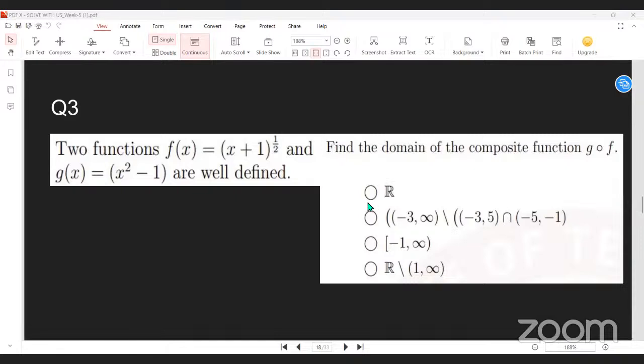According to the rules, x should be in the domain of g, and g of x should be included in the domain of f.